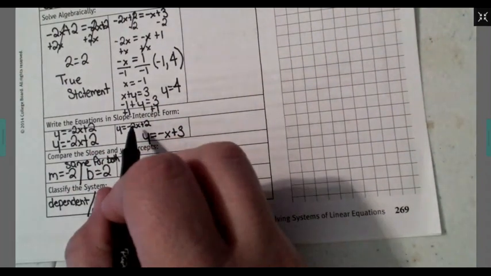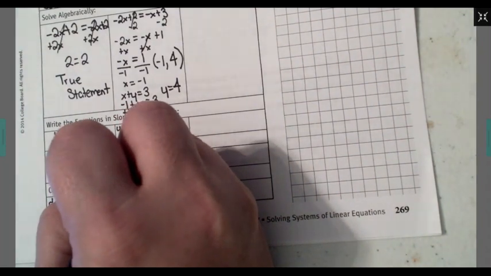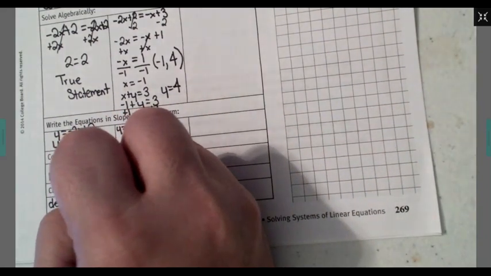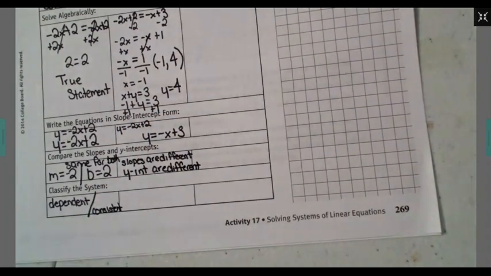What do I notice about my slopes? Slopes are different. Y-intercepts are different. Now it asks us to classify our lines.